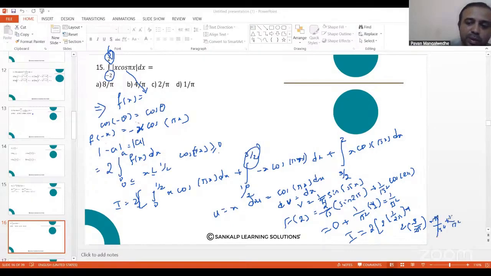So minus 1 by pi square plus 1 by pi square will get cancelled. After resolving this, we get 2 by 2 into 4 by pi. So finally it is 4 into 2, which is 8 by pi. So answer A is the correct answer. We shall go to the next question.